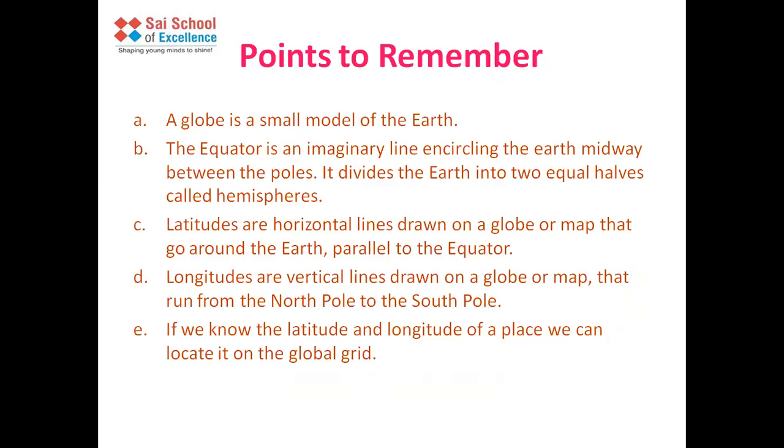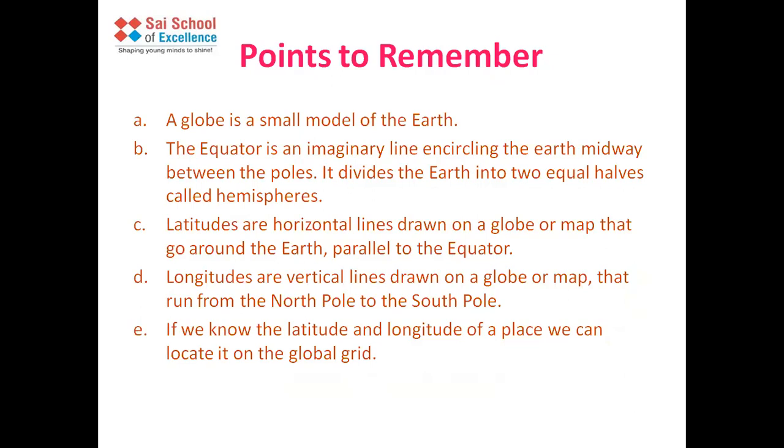Now children, let's discuss some important points which we learned in this lesson. A globe is a small model of the earth. The equator is an imaginary line encircling the earth midway between the poles. It divides the earth into two equal halves called hemispheres.